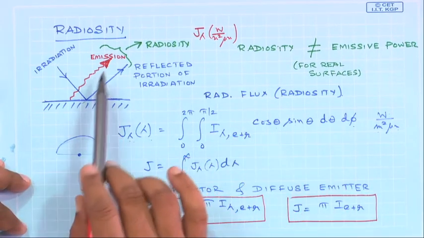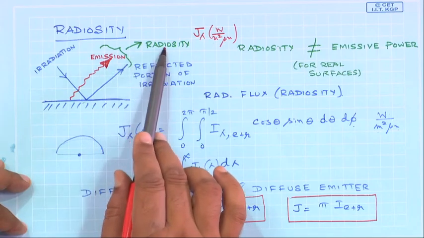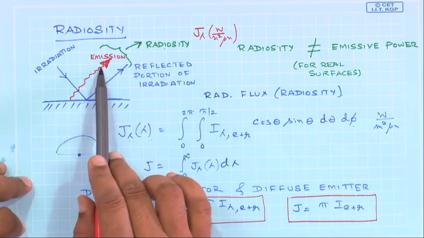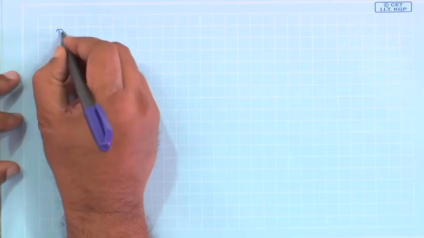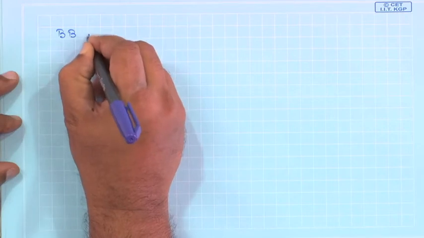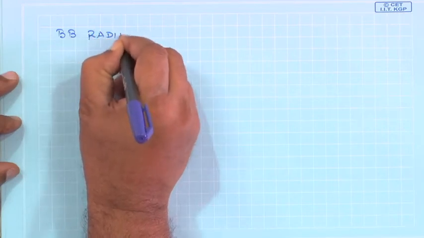But more importantly is the concept of what radiosity is, that it is a sum of these two. The next step which we are going to do is blackbody radiation exchange.